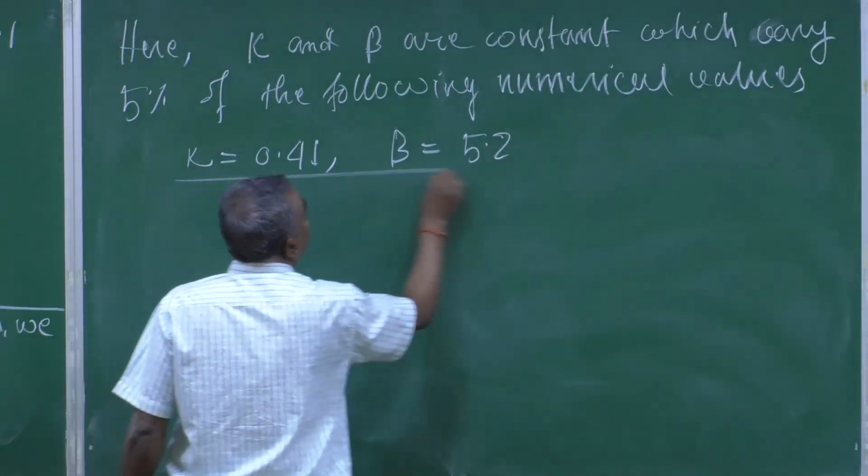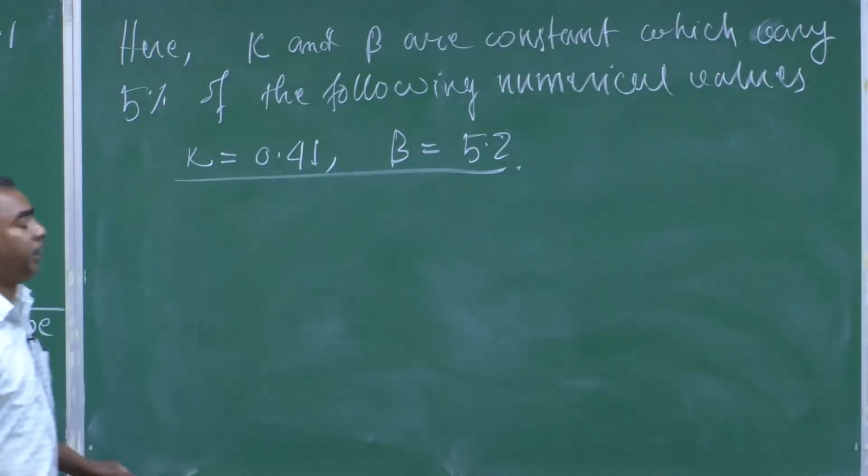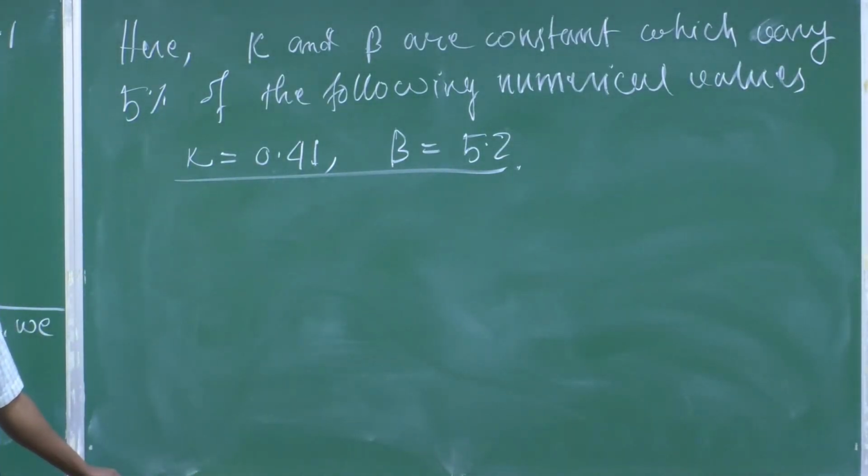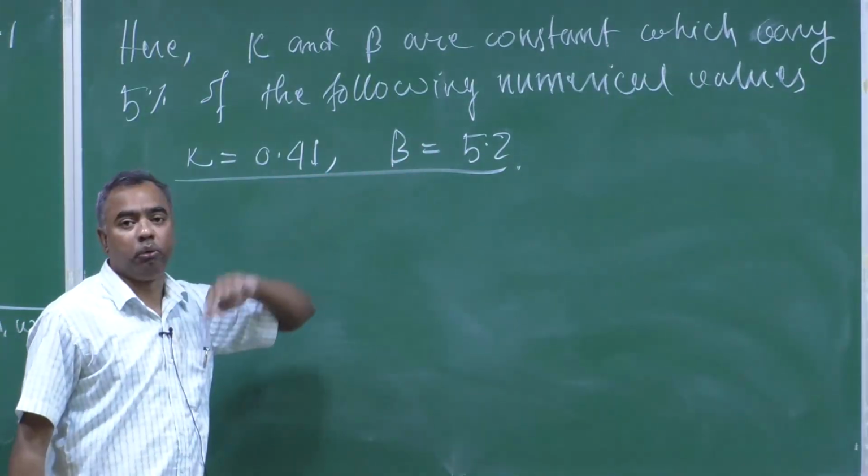In the literature, the variation of these kappa and b constants can be 5% of these two values.